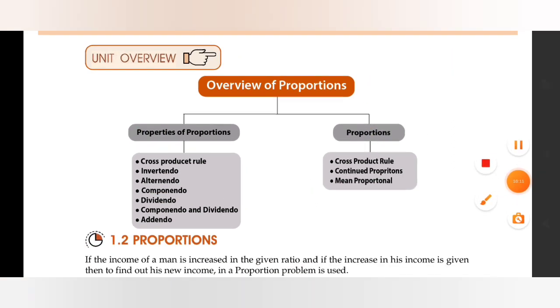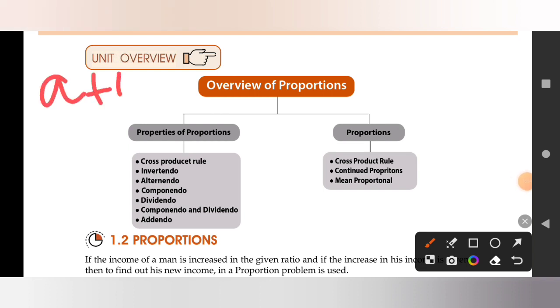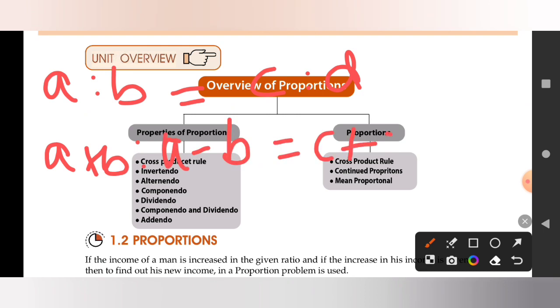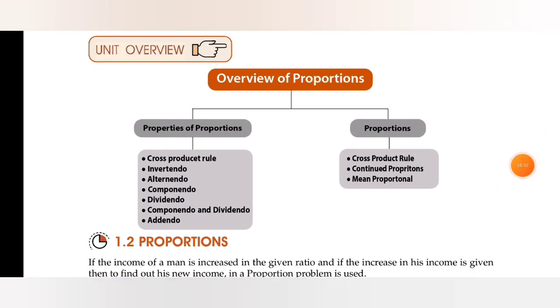It would be A plus B is to A minus B is equal to C plus D is to C minus D. So if A is to B is equal to C is to D, then A plus B is to A minus B is equal to C plus D is to C minus D. This is componendo and dividendo.